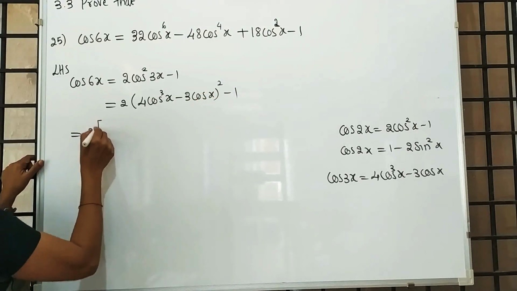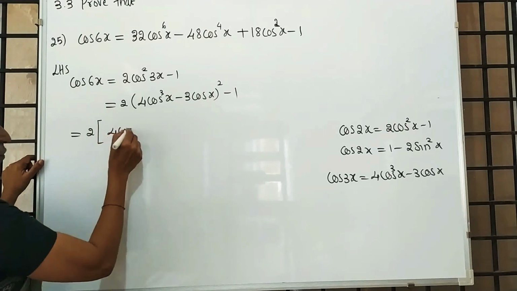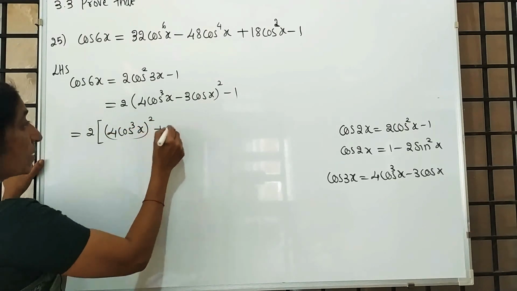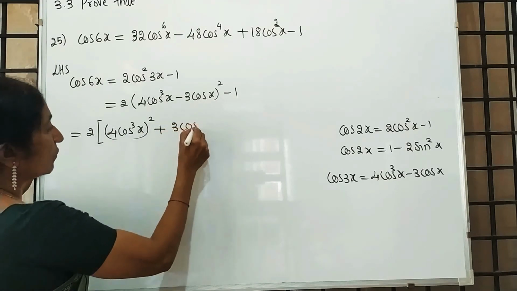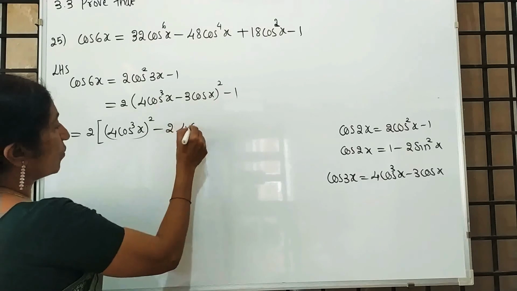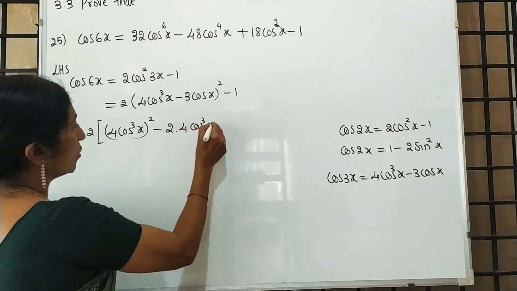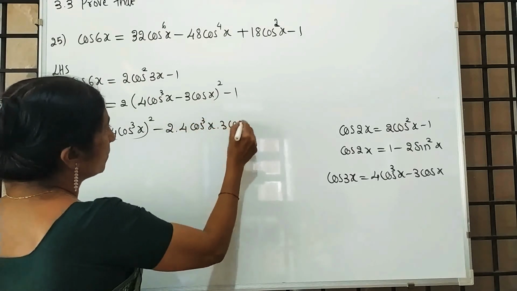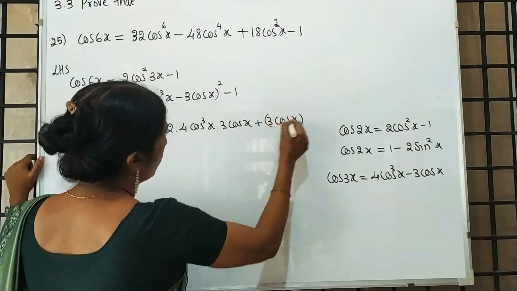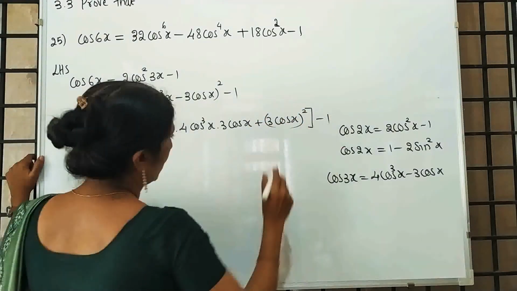Apply a minus b whole square. 4 cos cube x whole square plus 3 cos x whole square minus 2ab, minus 2 into 4 cos cube x into 3 cos x, bracket complete minus 1.